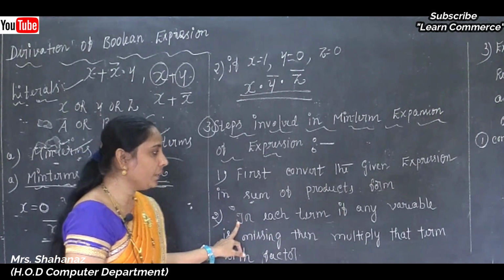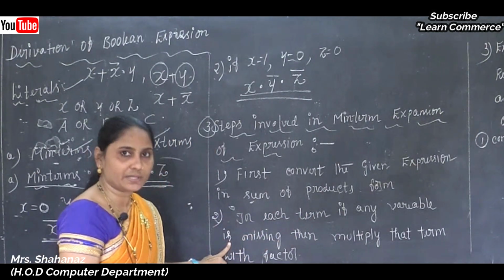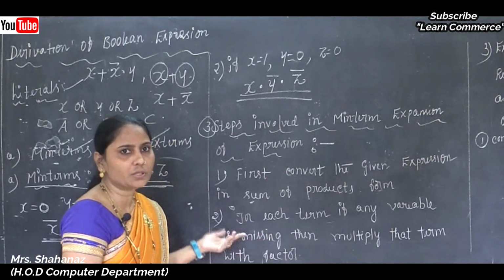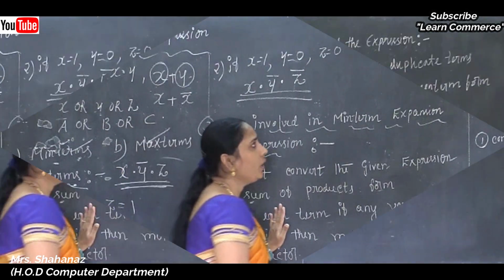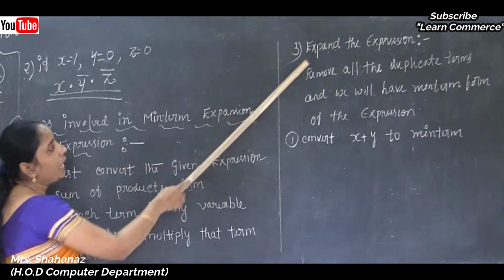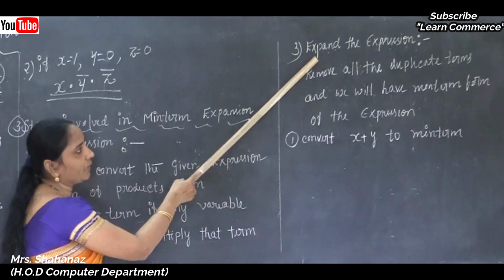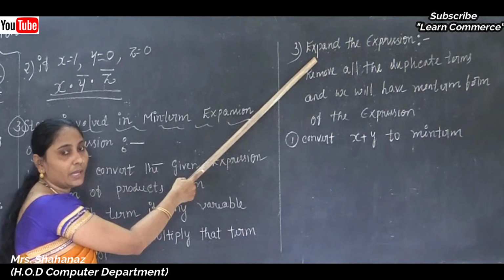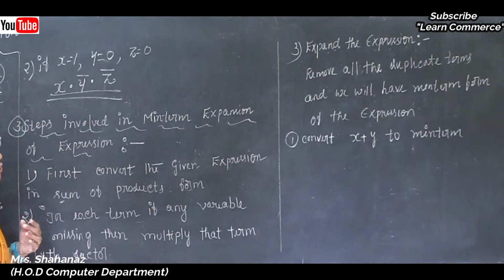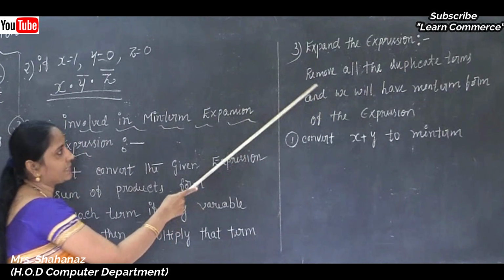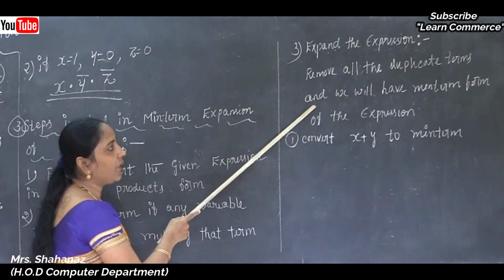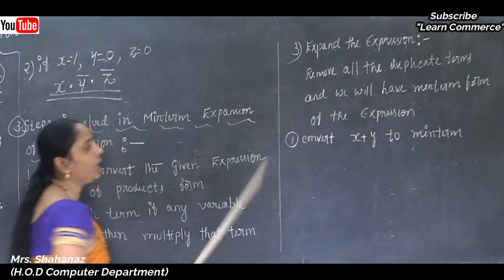So this is our second point. Now the third point is to expand the expression. That means remove all the duplicate terms and we will have the Minterm form of the expression.